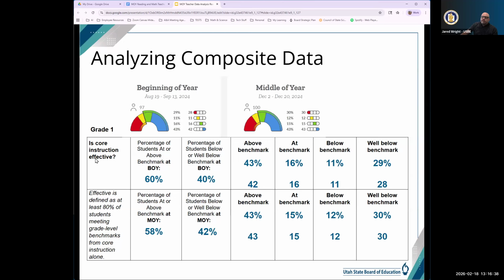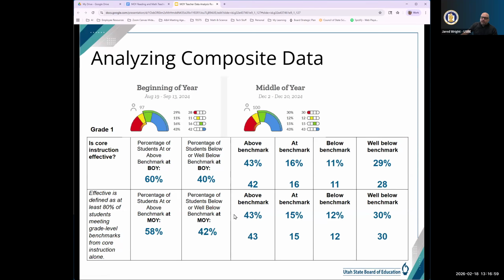So the top row is looking at beginning of the year. And so percentages of students who are at or above at the beginning of the year and those that are below or well below, and then pulling those out and putting them into percentages and number of students.